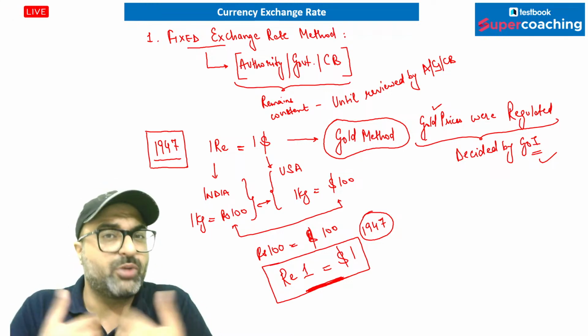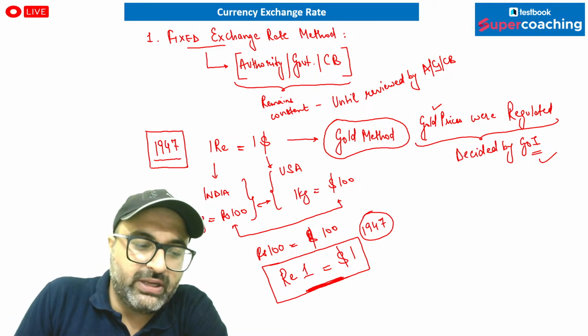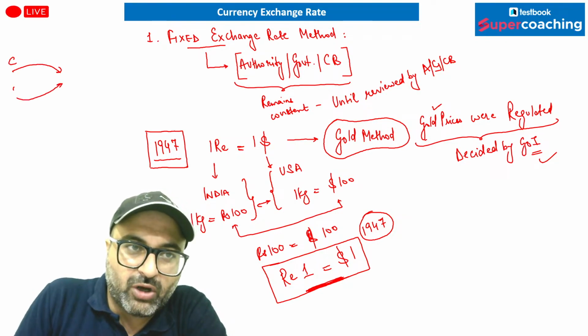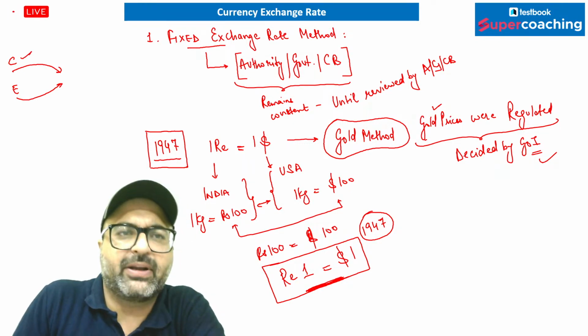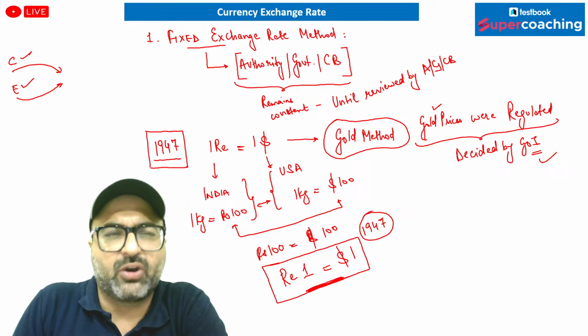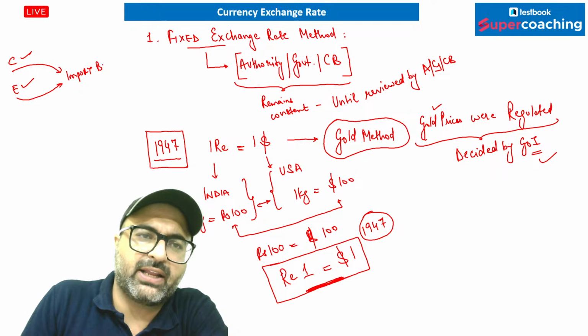To import and run the machinery, they required not only capital but also fuel or energy. So when India started importing capital goods, that means machinery, and energy, that means crude oil, India's import bills started piling up.